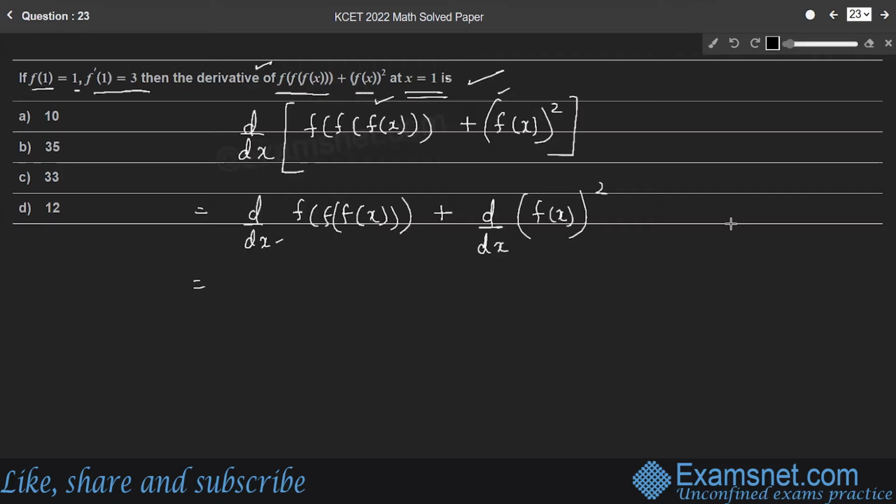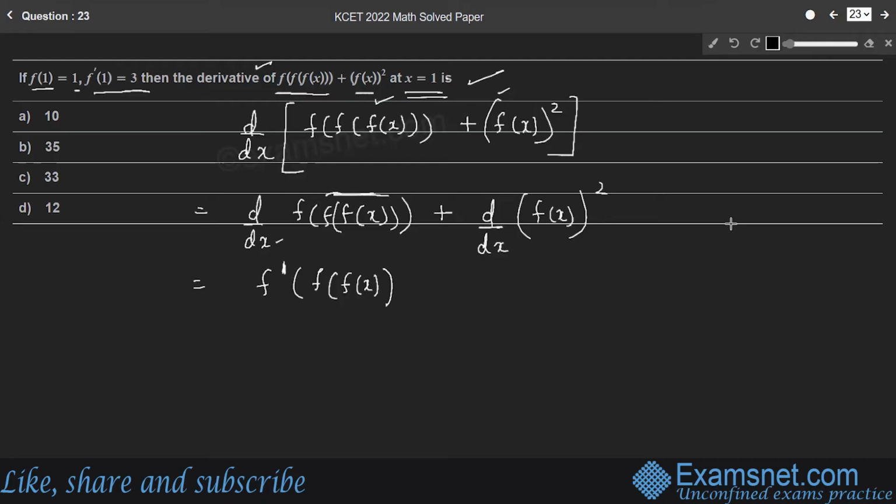So the derivative of a function f, if you consider this part f of x as a whole term, becomes f dash of f of x.